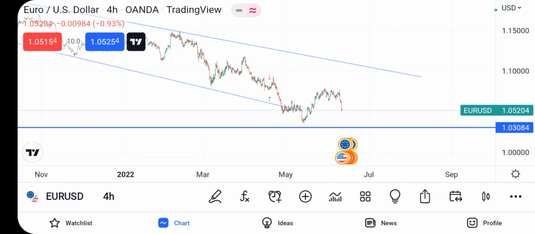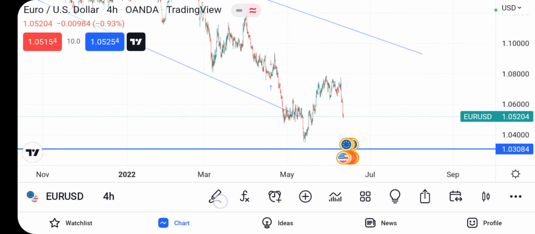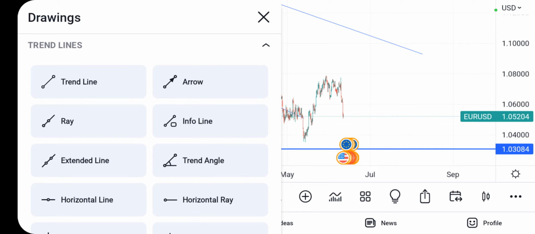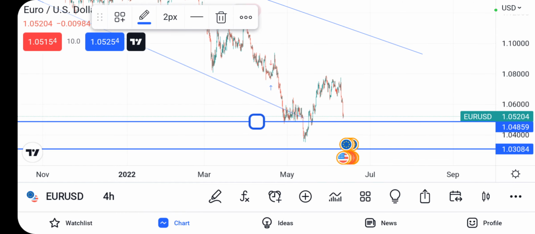Now I'll wait for the market to come back to that bottom and check what will happen. I'll be happy to see something like this around this area, to push the market to the upside. And again, to give you a heads up, guys, the market here can turn up to the upside.